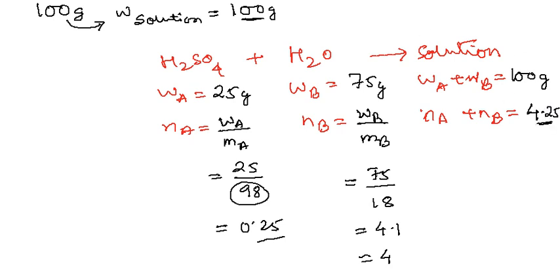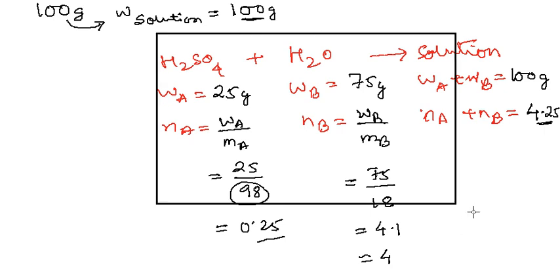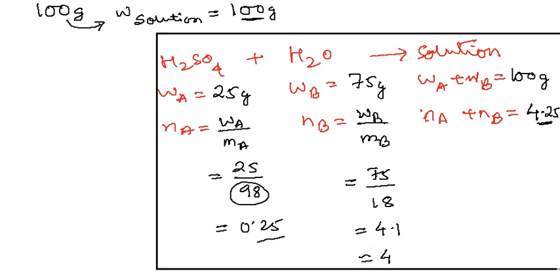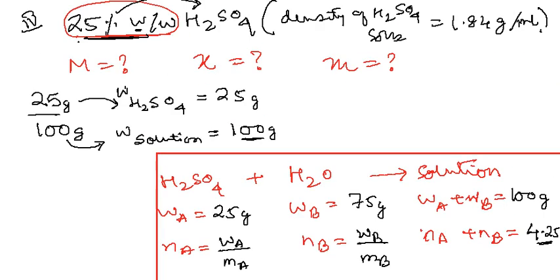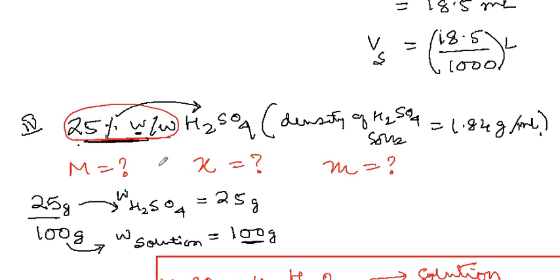Now that our table is ready, we can move into the terms that we want to find. We want to find the molarity, the mole fractions, and the molality. If we remember, for the molarity we need the volume.